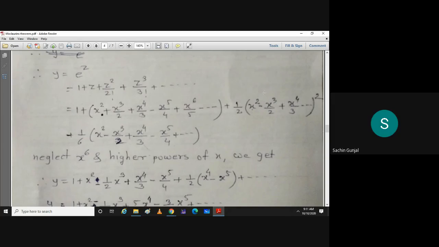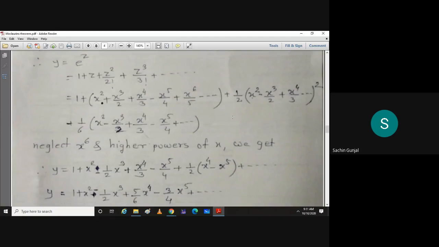X raised to 4 upon 2. So 1 by 2 plus 1 by 3. What is it? 5 by 6. Okay, so 5 by 6.